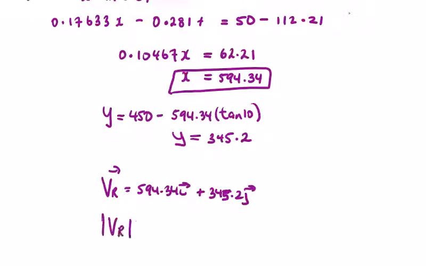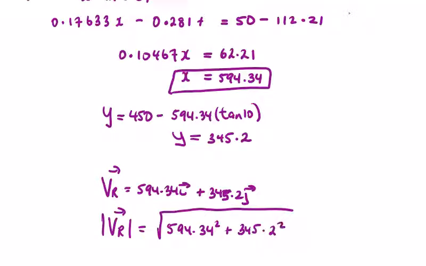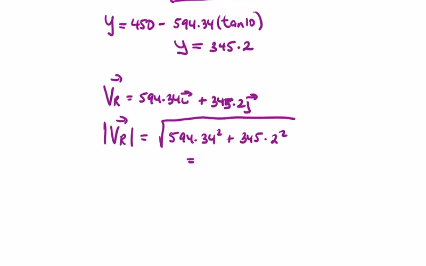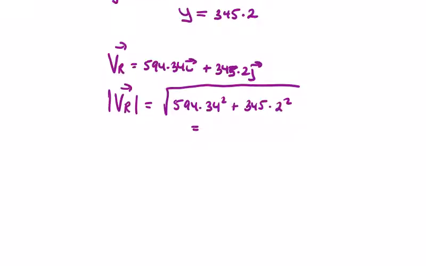The magnitude of this is equal to the square root of the two of them squared. You have time to write it down. Just make sure you write it down. So this is giving a magnitude of 687.32 kilometers an hour, dealing with aircraft.